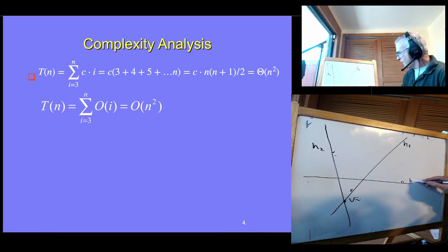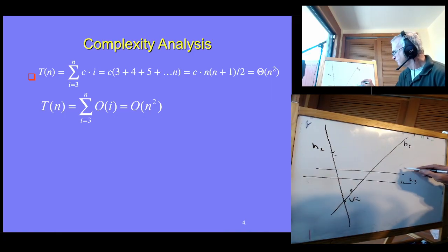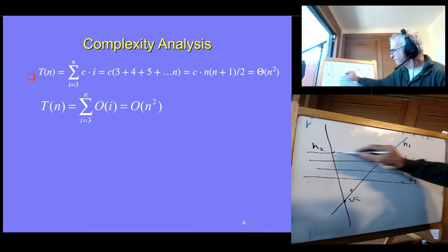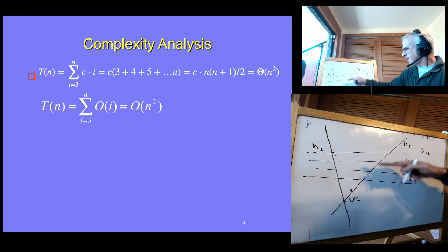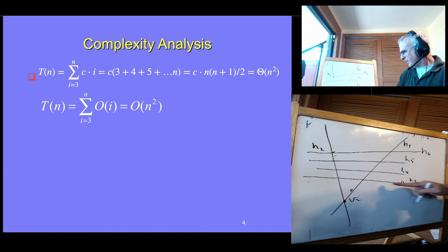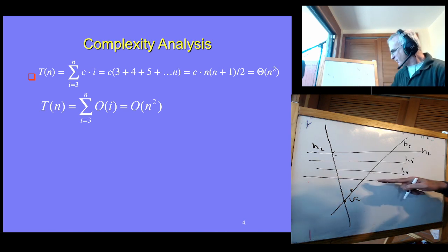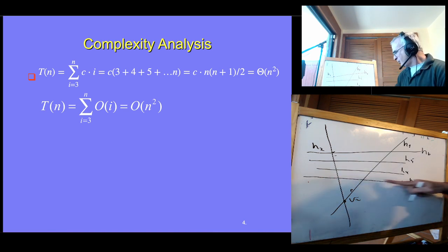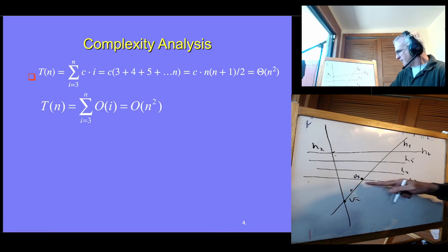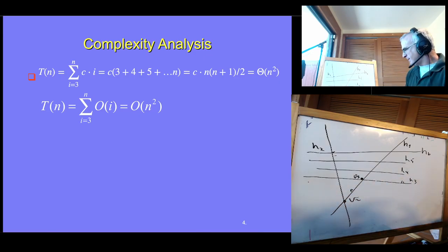Here is H3, H4, H5, H6. This is V2. V2 violates H3, so when I'm inserting V3, I need to solve the one-dimensional linear programming on the line L3. So here is V3. But I did spend linear work in the number of half planes that I had so far.